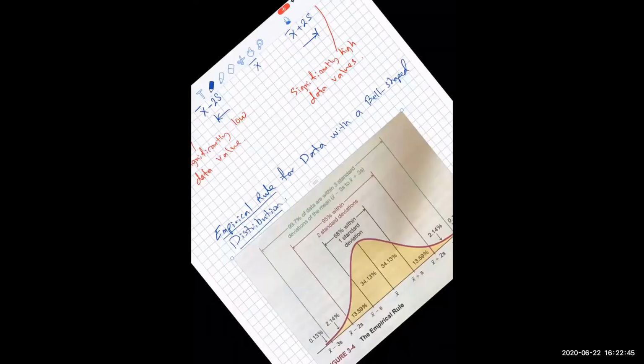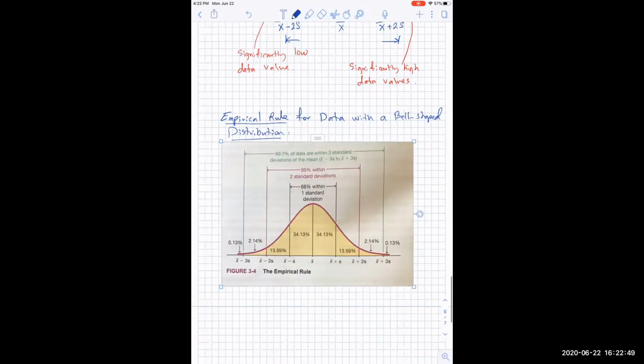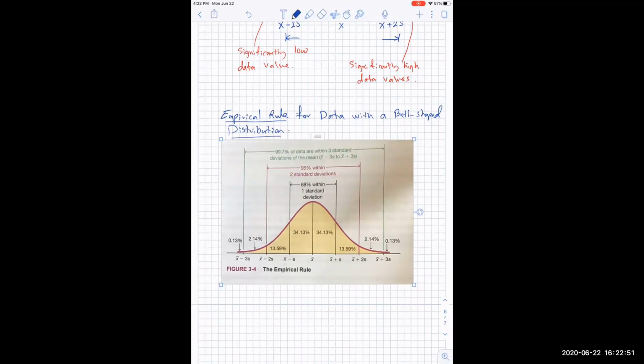Suppose we have sample data and we found that the sample data have a normal distribution, a bell curve distribution.